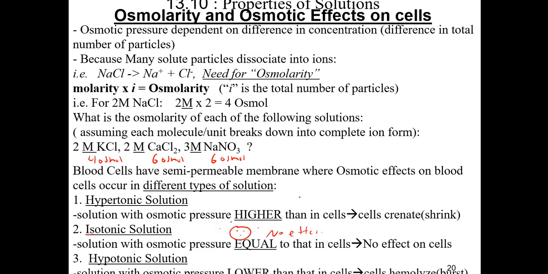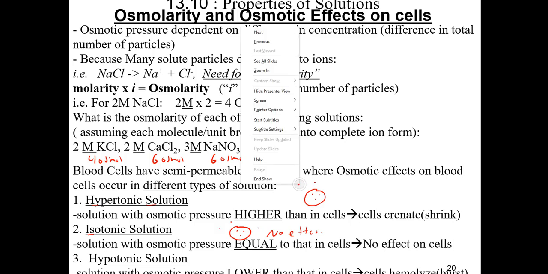Now let's take another situation. Here is my cell. There's 3 solute particles. We're going to be dealing with a hypertonic solution. So this is the solution surrounding the cell. Hyper means more. So there's more solute particles in the solution than on the inside of the cell. So that's what hypertonic means.